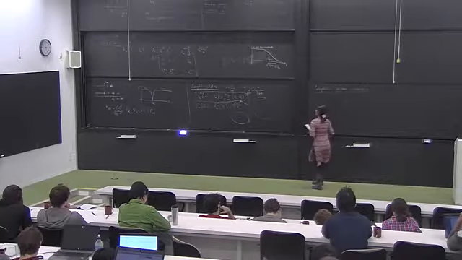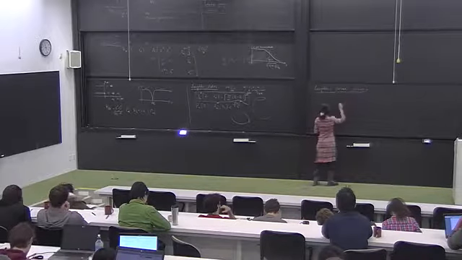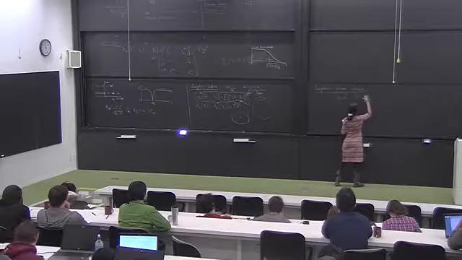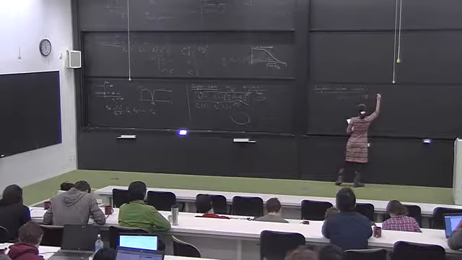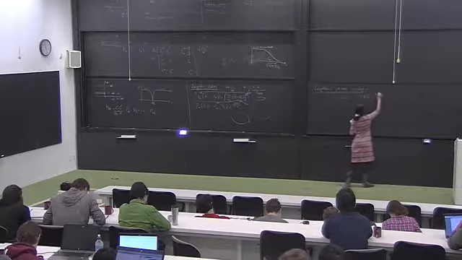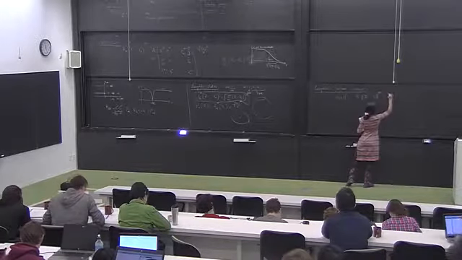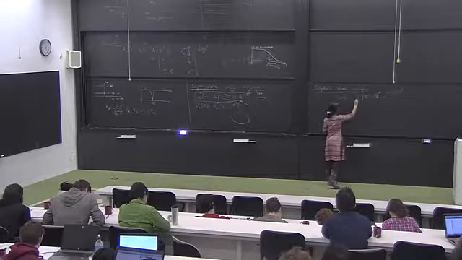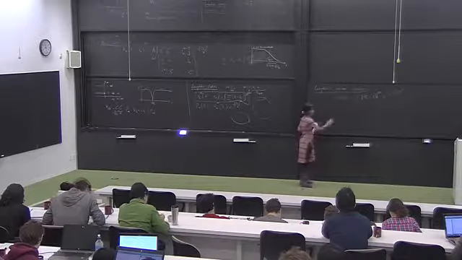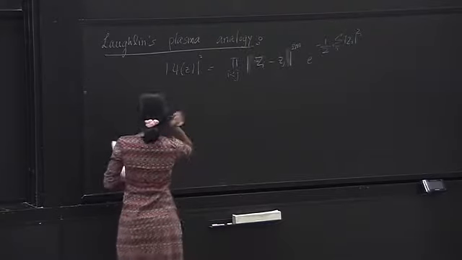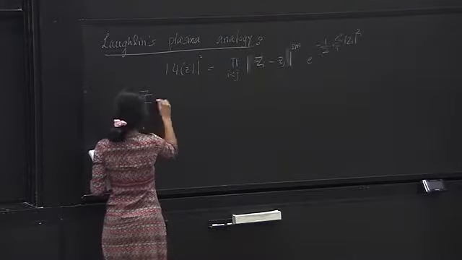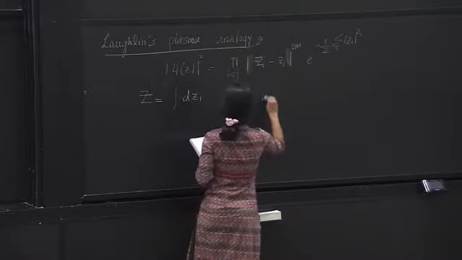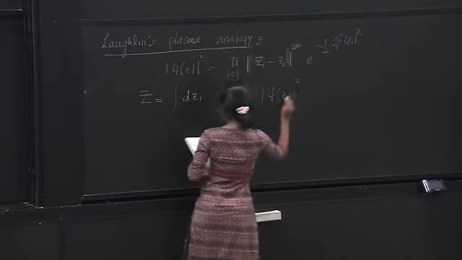So back to that wave function and its properties. Laughlin's plasma analogy says, look at mod psi of z squared, to the power 2m, and pretend that this is the weight in a partition function in stat mech.